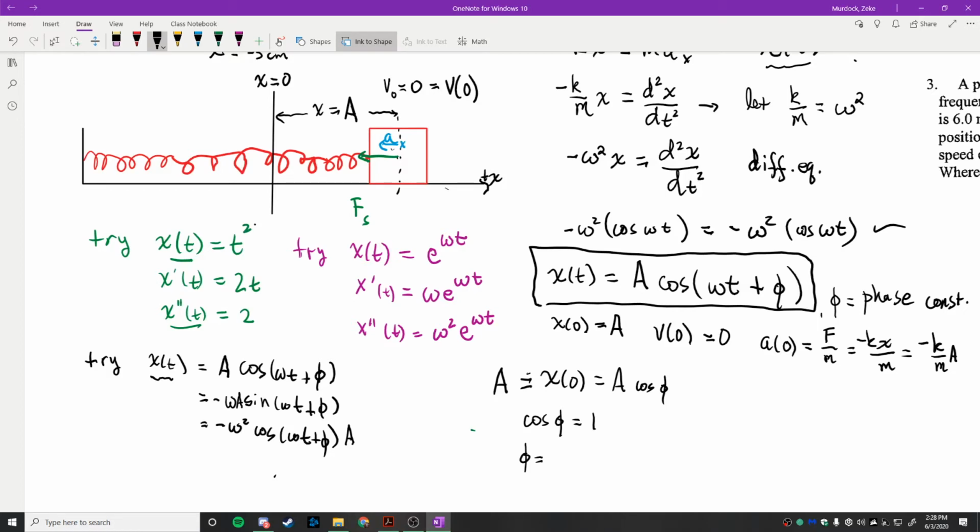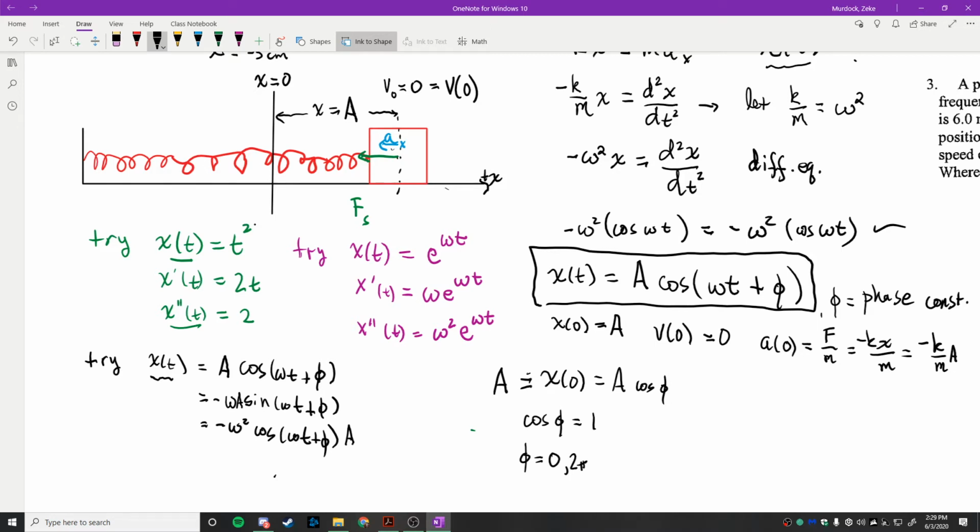Cosine of pi over 2 is 0. What does it need to be? 0, right? Or what else? Negative pi or pi both give you negative 1. I think it's 2 pi. Okay, alright, so that tells us that phi is 0, right?